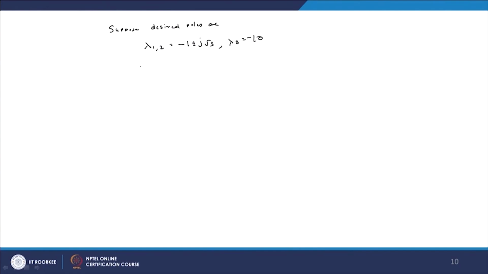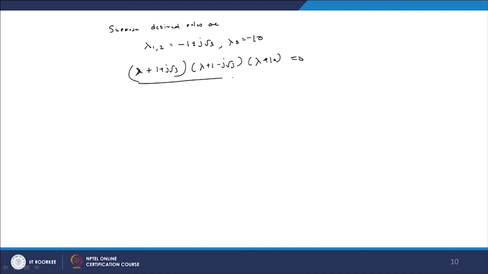Now, based on these 3 poles, we can determine the characteristic equation, or sometimes we also call them eigenvalues. So, here lambda plus 1 plus j root 3, lambda plus 1 minus j root 3, and lambda plus 10 equal to 0.